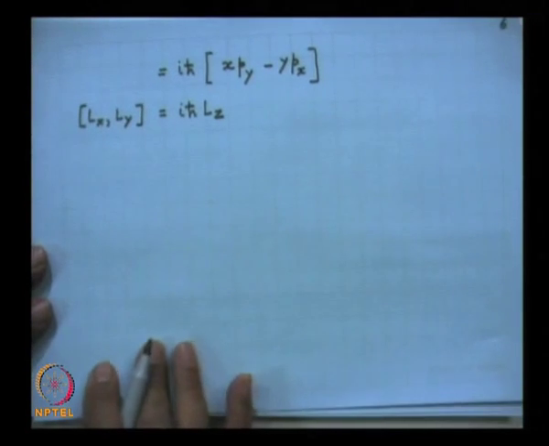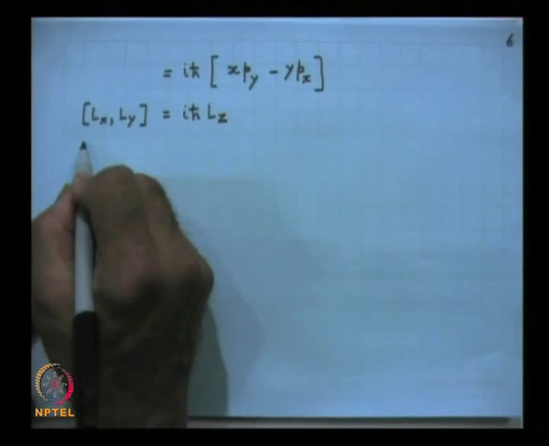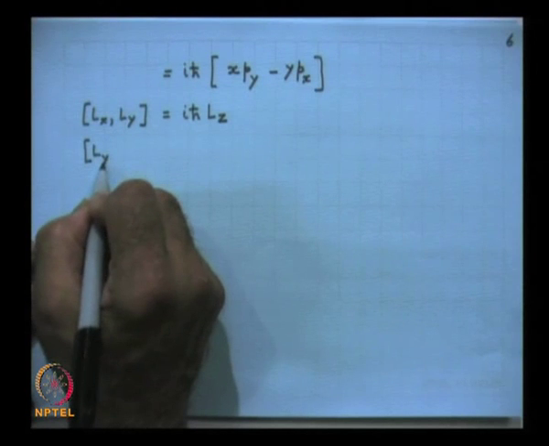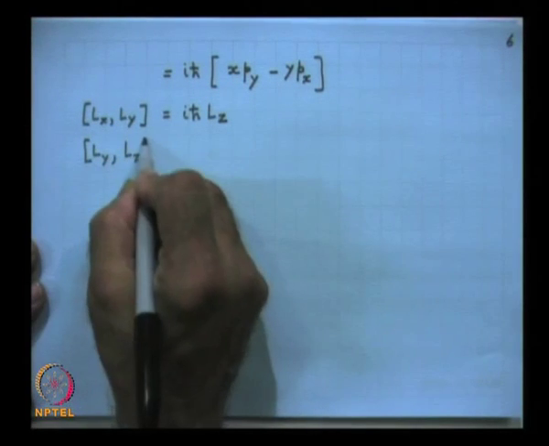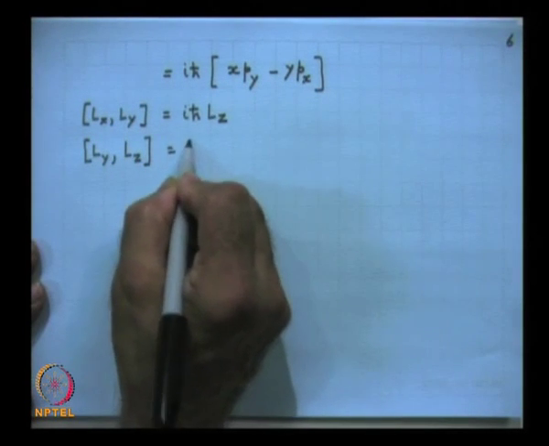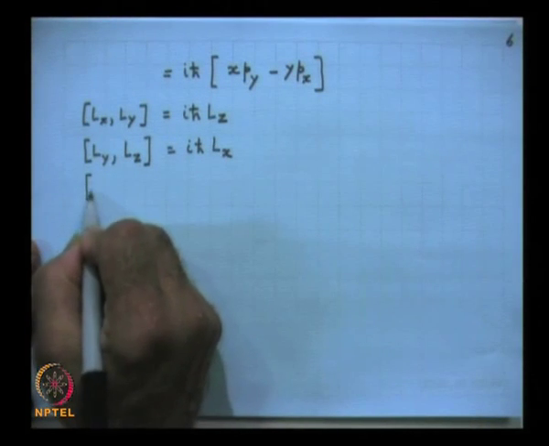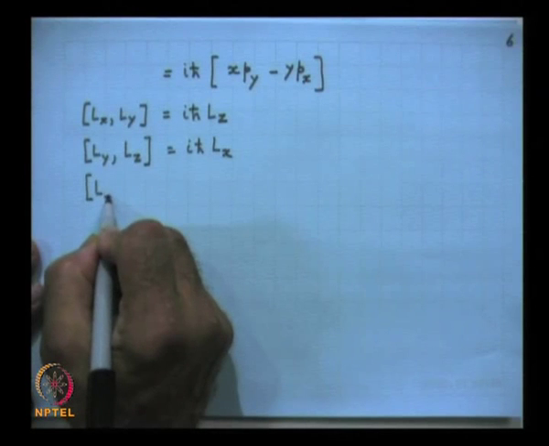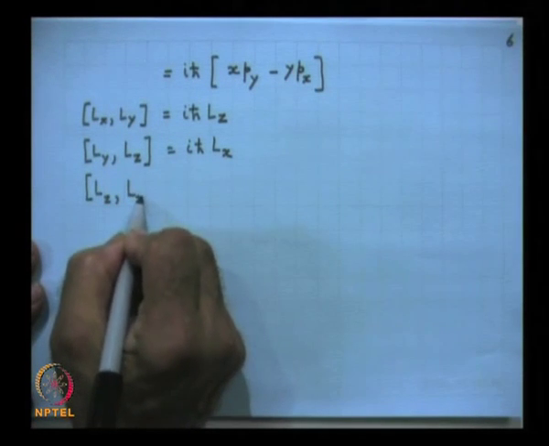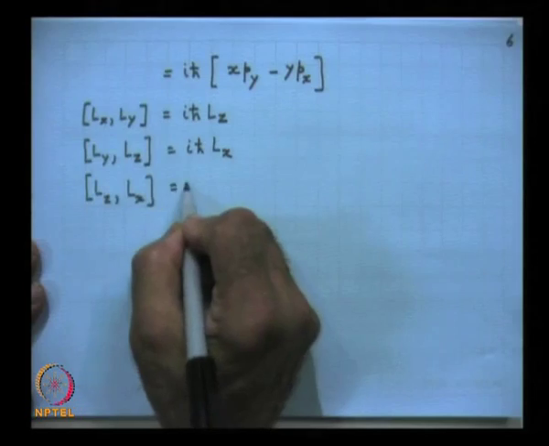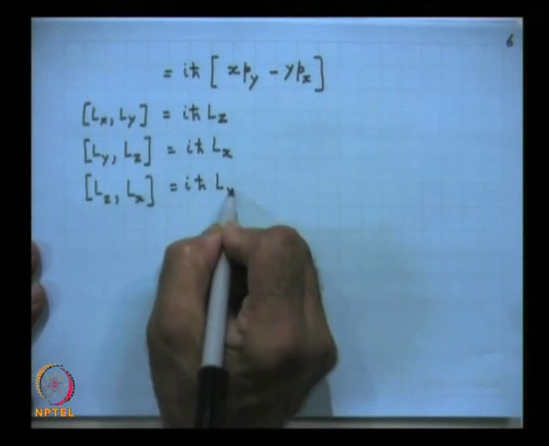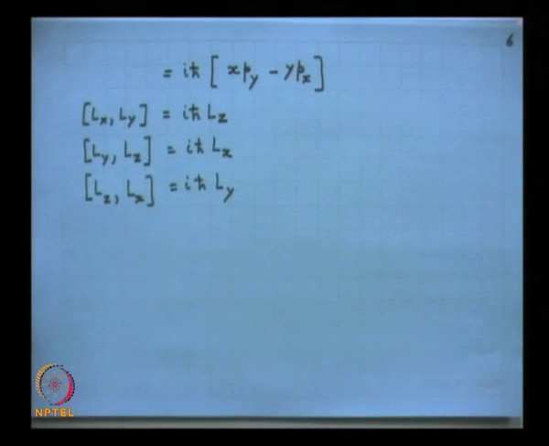Similarly, you can write in cyclic order L y, L z is equal to i h cross L x, and L z, L x is equal to i h cross L y. These are the important commutation relations.